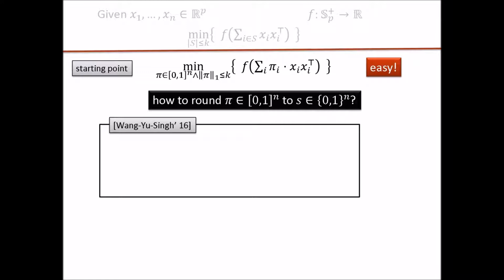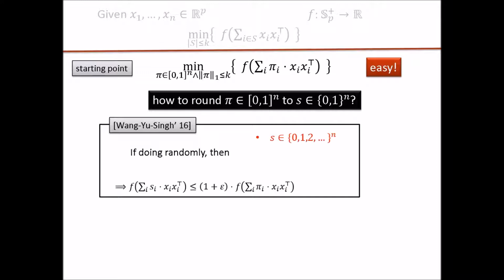They show that if you do a randomized rounding, that is, you pick the coordinates proportional, in some sense, to the weights that you obtain from the continuous solution, then you can get this 1 plus epsilon approximate solution, but with 3 caveats.